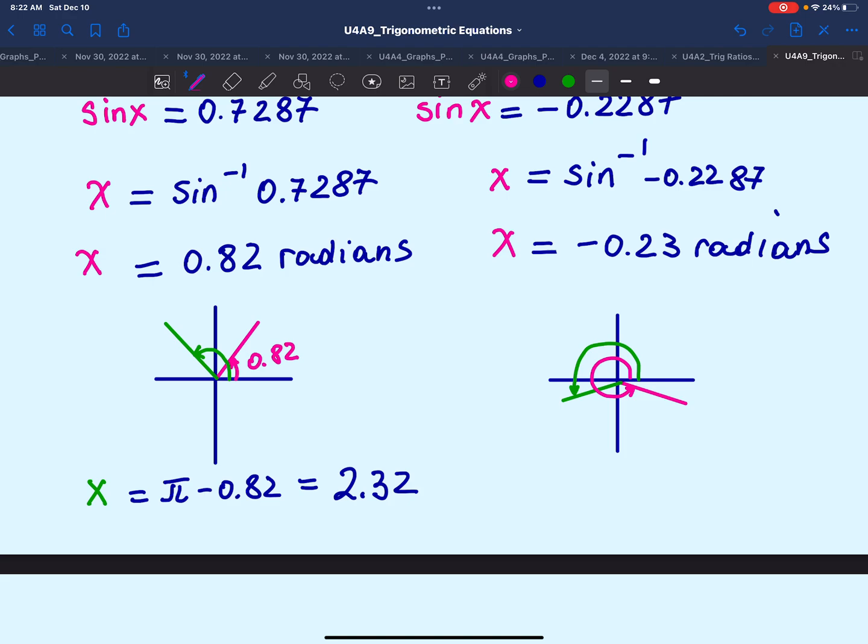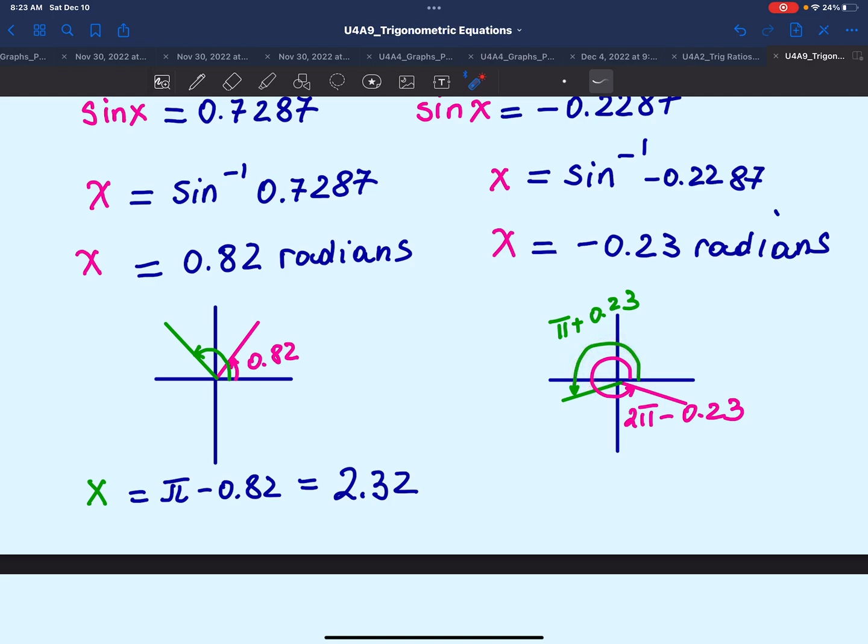So as you can see here, for the green angle we have pi plus 0.23. And for the pink angle, we have 2 pi take away 0.23. So remember, this is 0.23 radians, this related acute angle. The pink angle would be the entire 2 pi less the related acute, whereas the green angle would be pi radians plus the related acute angle.